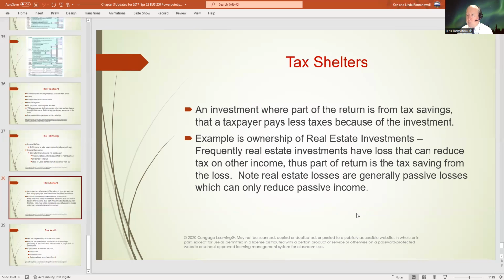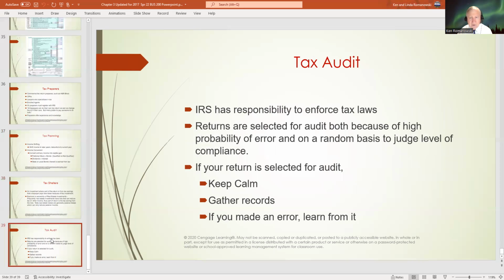Let's say you own other properties, and maybe there you have positive income. As long as it's passive income and you have passive losses elsewhere, you can offset the losses with the gains. That's a way of using a tax shelter to save taxes. And that essentially has saved you money, even though you lost money on one of those investments. That's passive investing.